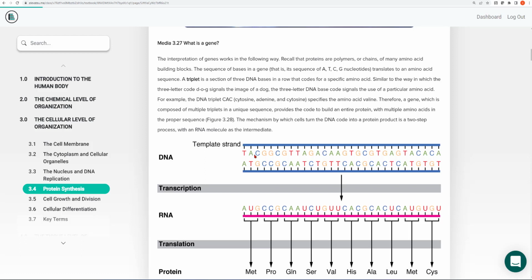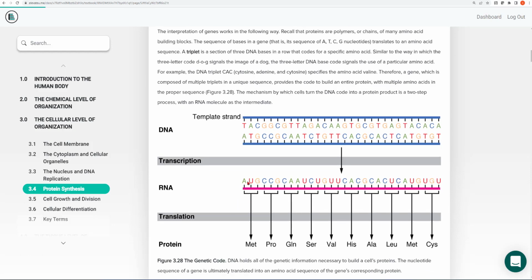So from the double-stranded DNA, transcription makes a single-stranded RNA molecule. Now, this process of transcription occurs in the nucleus. I'll show you a picture of that in a moment.